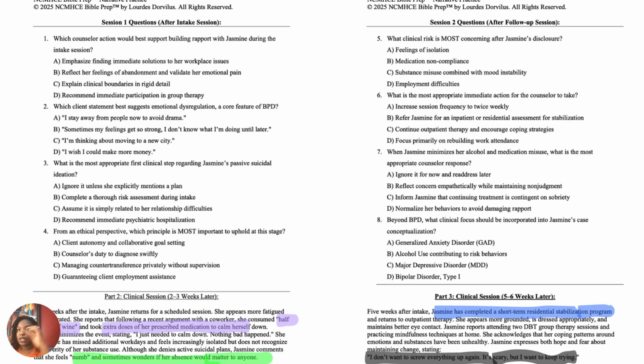So now you have to think like a clinician: what do I need to do for this client ethically, and how do I give her a proper treatment plan that aligns with her goals?